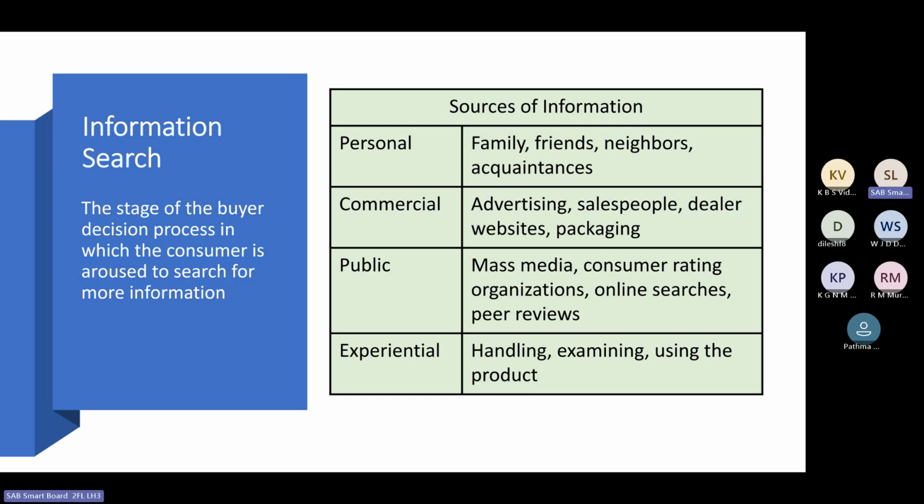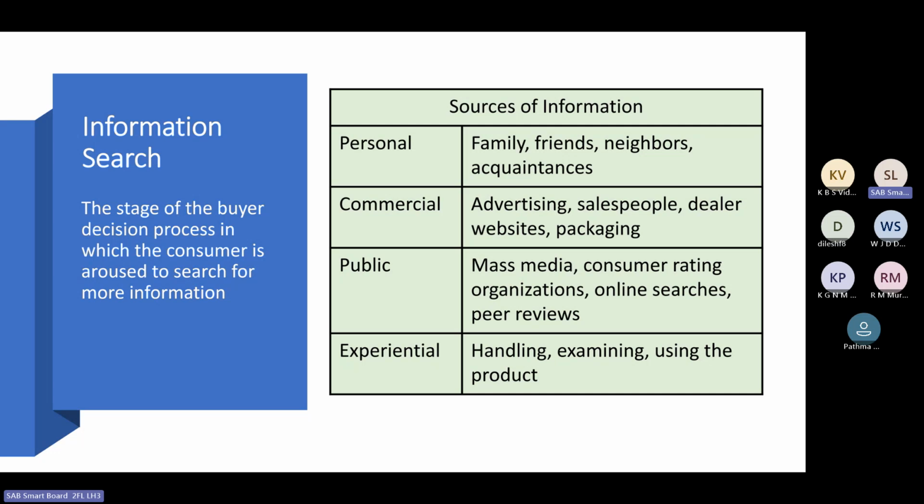There can be different sources of how we can get information. Mainly from our personal relationships, maybe from our family, friends, neighbors, or from different people. Or maybe your peers, your work colleagues.